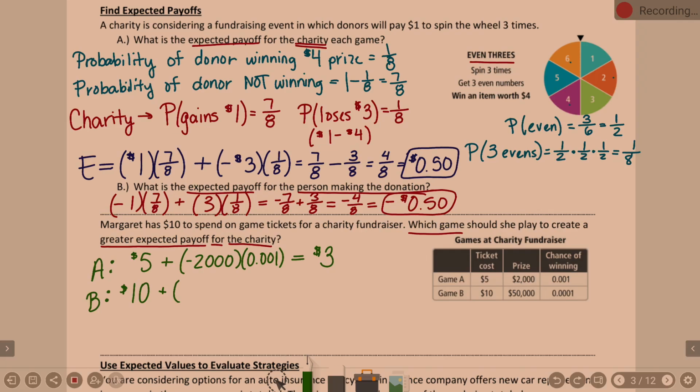So since they could lose $50,000, that's a negative $50,000 times 0.0001. The 50,000 times 0.0001 is $5. So when you take 10 and take away that $5, you are at $5.